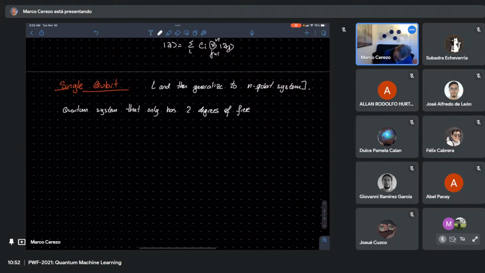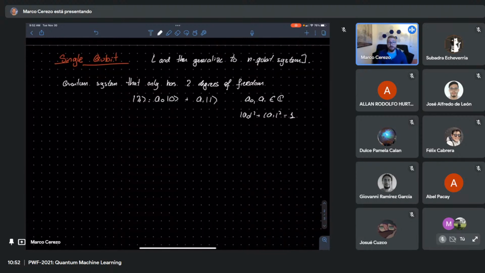That is, it only has 2 states that it can belong to. And its most general wave function is going to be expressed as a linear combination of a state that we're going to call 0 and a state that we're going to call 1. And we know that a0 and a1 are complex numbers. And we know that the absolute value of a0 squared plus the absolute value of a1 squared has to be equal to 1 because our state is normalized, right? So let's start to think about linear algebra, because as I said, quantum computing, at least what we're going to be seeing here, is linear algebra.